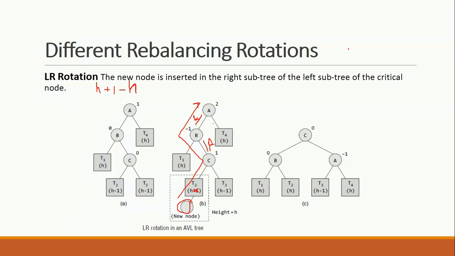So see, this is the scenario currently. That is A. This is B. And this is C. In this case, how to solve is, first we have to rotate this edge.